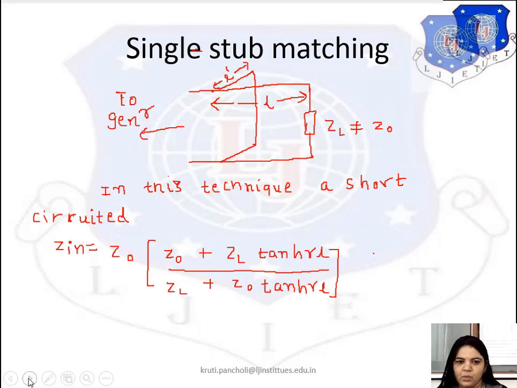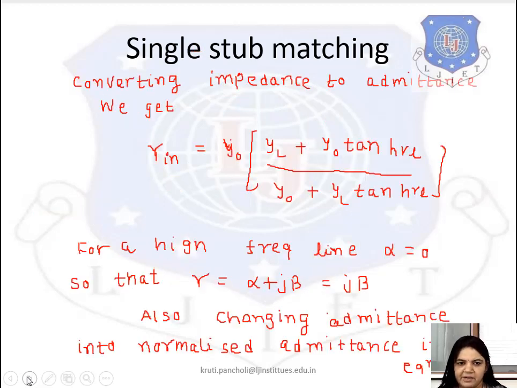Now converting to admittance, as we know Y = 1/Z, we get Yin = Y0 (YL + Y0 tanh γL) / (Y0 + YL tanh γL).